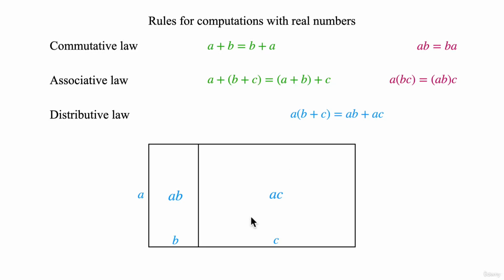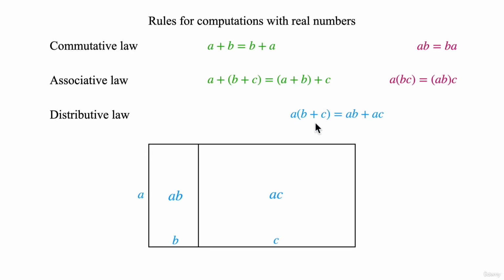It works, of course, only for A, B, and C which are positive numbers. Then you can think of A, B, and C as the lengths of some intervals. This interval has length A, this one has length B, and this one has length C. What is the left-hand side of this equality?